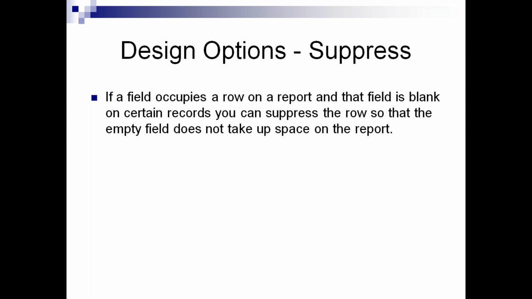That's the example we're going to use today. It could be other types of static information too, where some of your jobs have it and some don't. Employees the same, vendors the same. Do you want the report to leave that empty space on the report, or do you want to suppress that empty space?